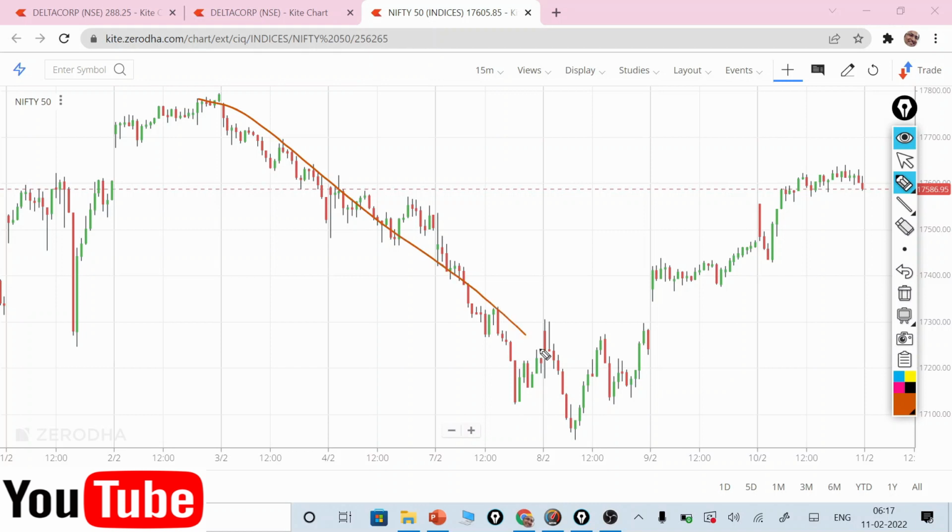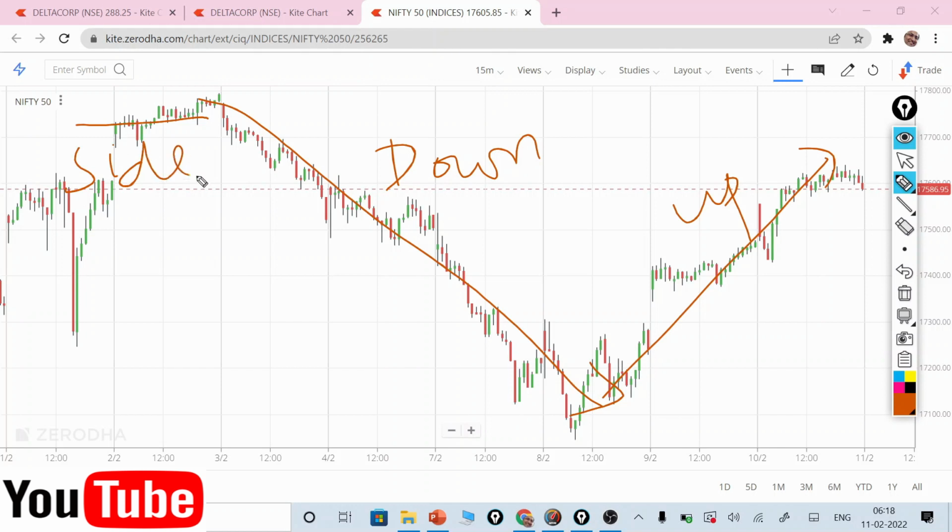This is a downtrend, and this is an uptrend. This is sideways or neutral. The market always moves in trends, either upwards, downwards, or sideways.